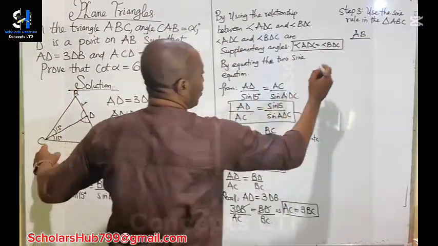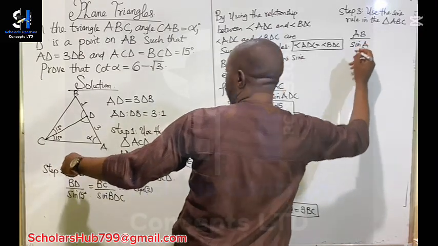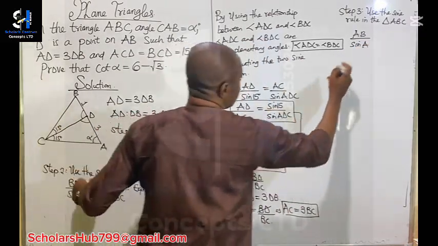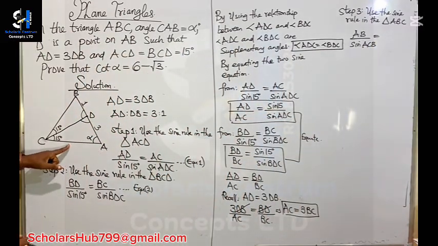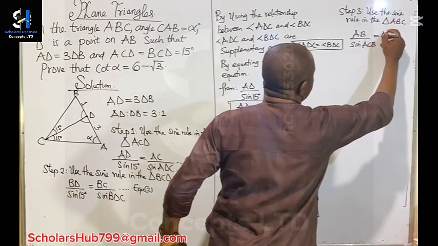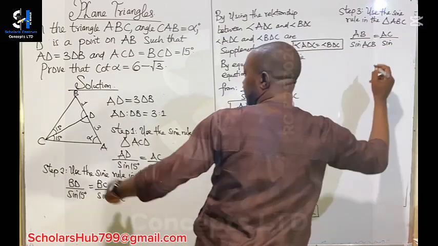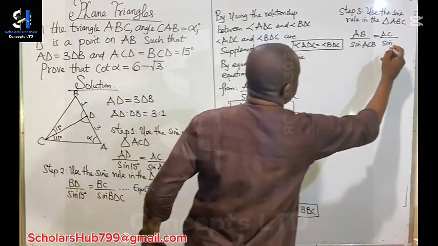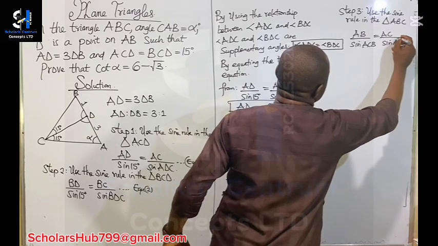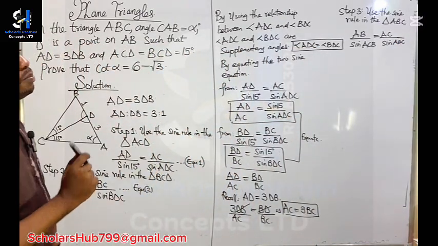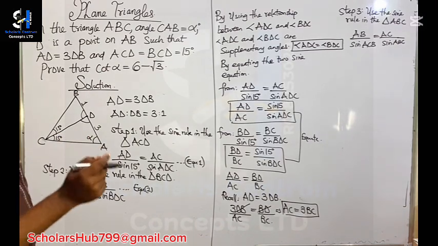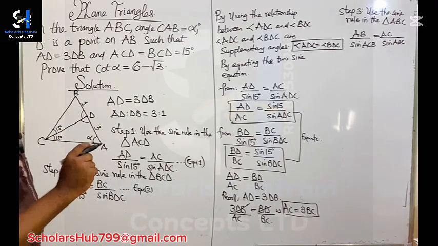We have AB over sine ACB equals AC over sine ABC.